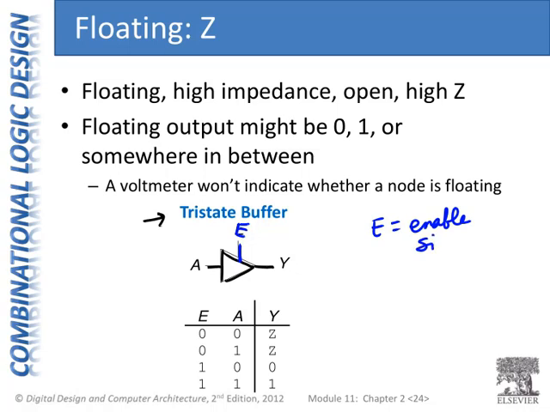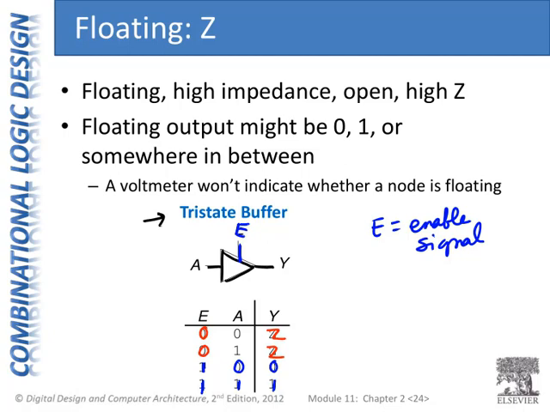It enables the input to flow to the output. So when enable is 1, this acts like a regular buffer. If A is 0, Y is 0. If A is 1, Y is 1. But when enable is 0, well, it doesn't really matter what A is, the output is going to be floating.